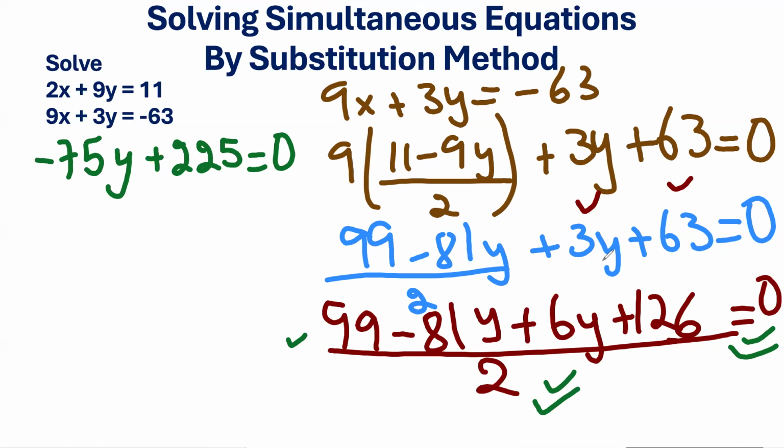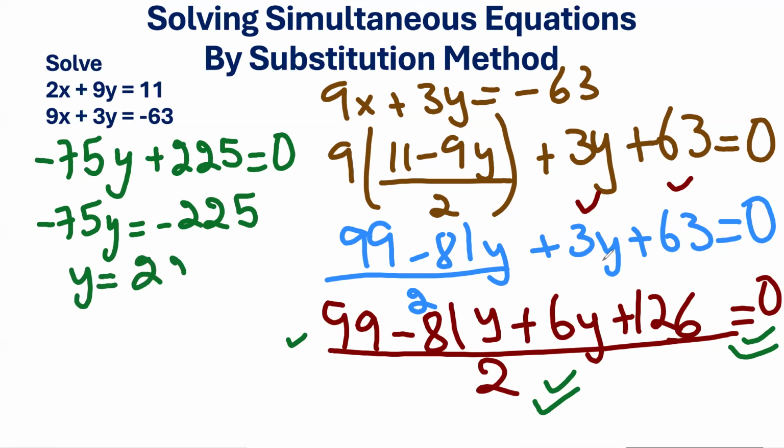Now from here, you can find the value of y. Minus 75y is equal to minus 225. Minus and minus can be cancelled from both the sides. So y is equal to 225 divided by 75.